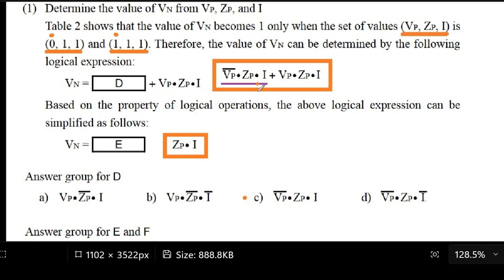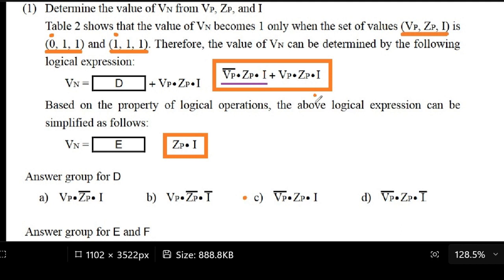And the way to get rid of the excess so that we can simplify it is to look at how we can put together the ones that are the same.